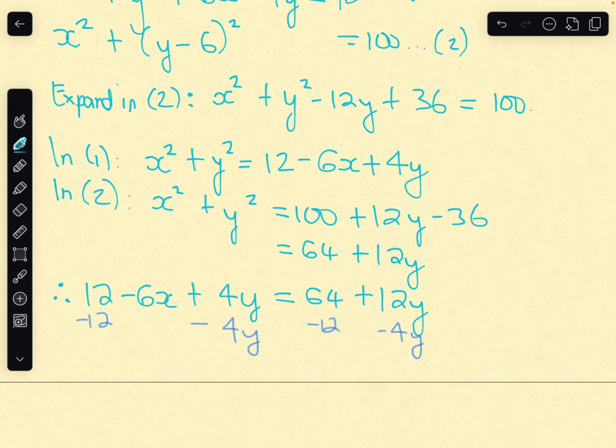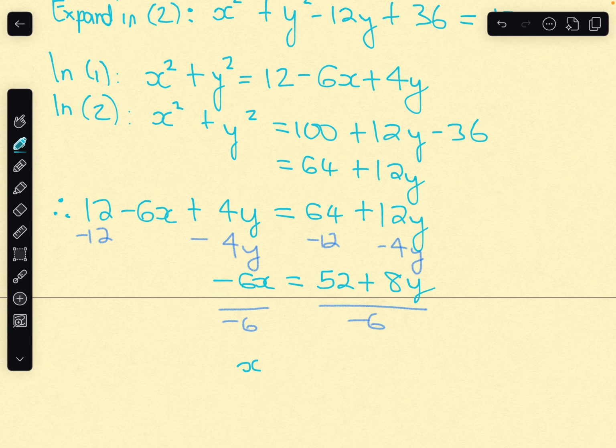So then I've got minus 6x is equal to 52 plus 8y. And then I divide through by negative 6. So then I've got x is equal to negative 52 over 6 becomes 26 over 3, and this one would be minus 4 over 3y. Okay, so I'm going to make that my equation number 3.